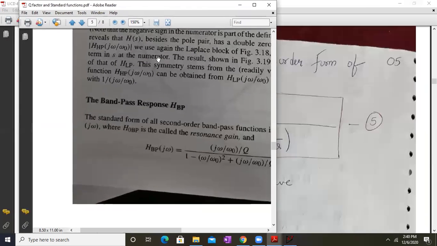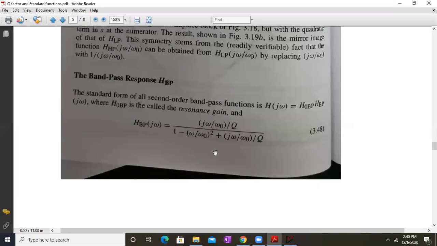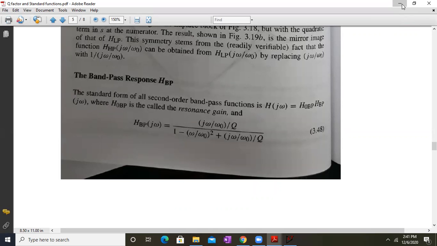So H of J omega equals HOBP into J omega upon omega naught into Q, divided by 1 minus (omega upon omega naught) square plus J omega upon omega naught divided by Q. So that's the standard form of a second order bandpass filter, H of J omega, which is given by this.